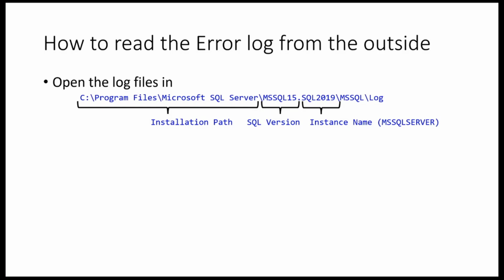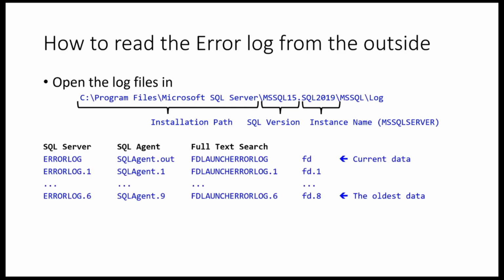If you have multiple instances, that works just fine because the instance name would differentiate where they go. And then there's lots of files in there. So we have the files for SQL Server, the file for the SQL Agent, and full text search, which has two files, one for the starting, the other one for later. In the first line, I marked the file names that have the most current data.